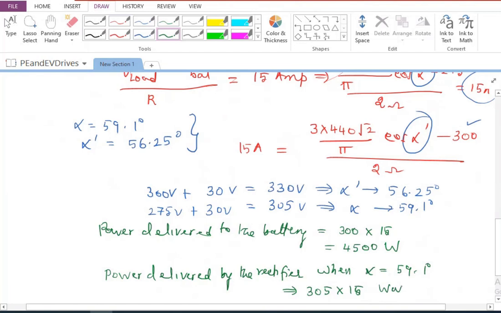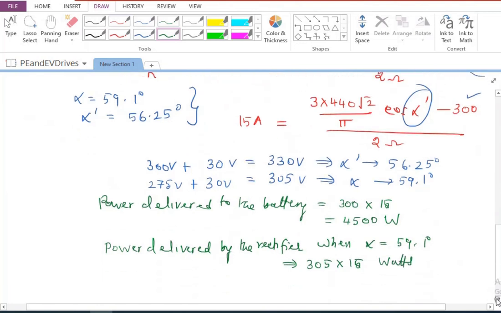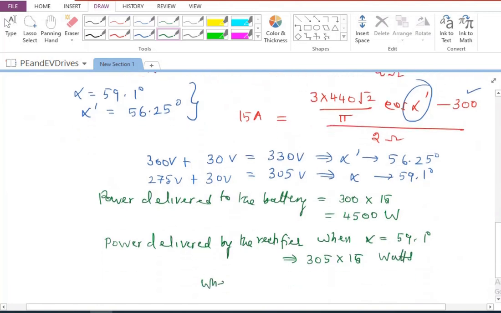So many watts. Whereas when alpha is equal to 56.25 degrees, under such a condition, it will be 330 volts multiplied by 15. So the power delivered will also be different when I have two different firing angles. This is the way it is going to be.